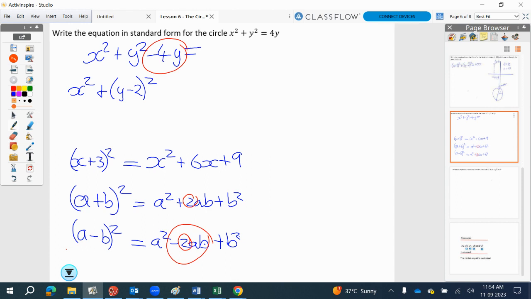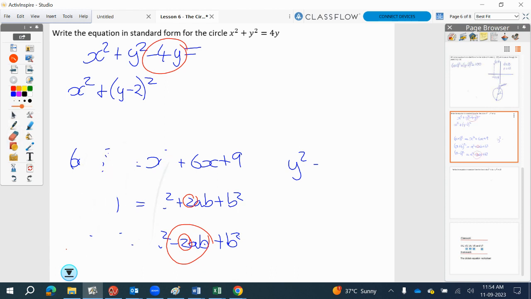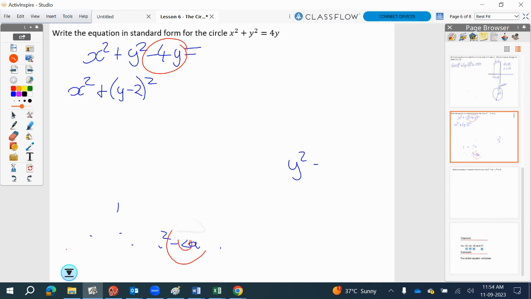Now we've got to fix some problems. We've created an extra term. What's b squared? 4. So this expression here, we want y squared minus 4y.